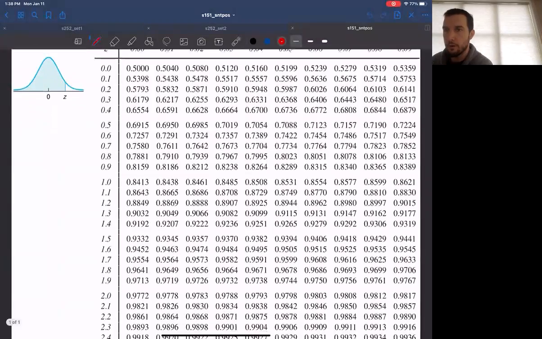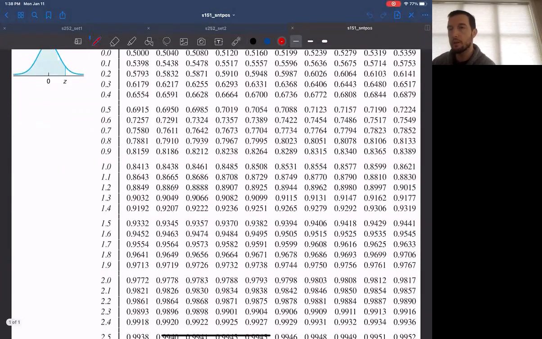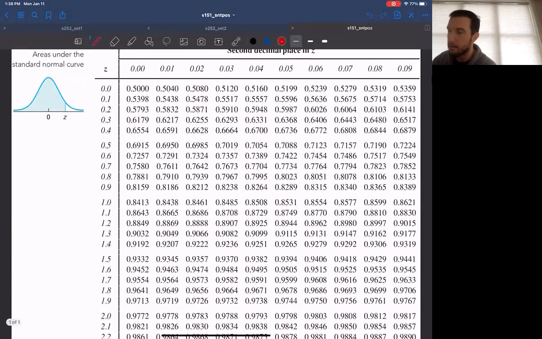So if we go to our standard normal table, which is a cumulative table, it starts at -infinity and works its way up to the Z-score. So this visualization here is showing us that all of the areas inside are cumulative areas or percentiles.